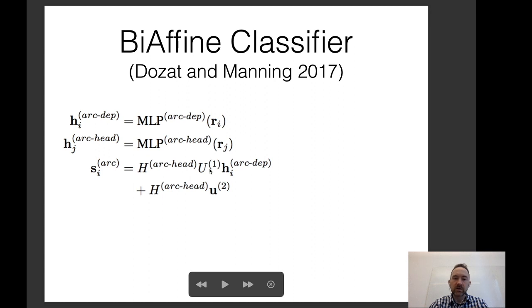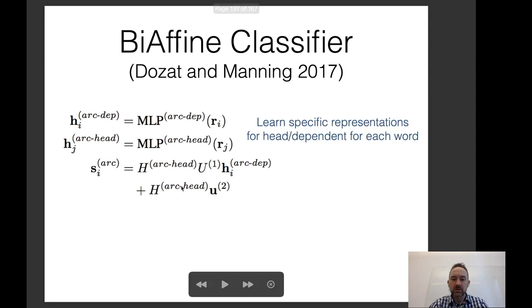This is a little bit like the bilinear attention that we talked about in the attention class. And then we also have a vector that is multiplied in with the heads, which says whether the word is likely to be a head in the first place.